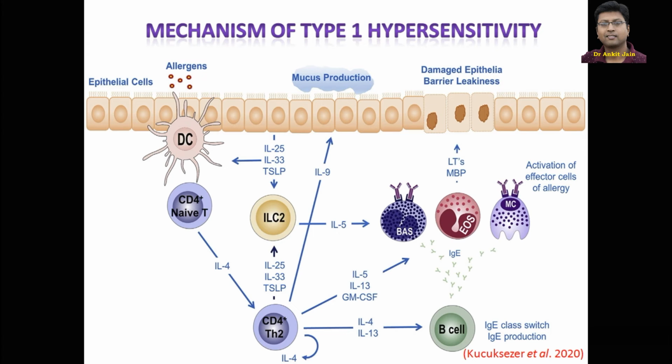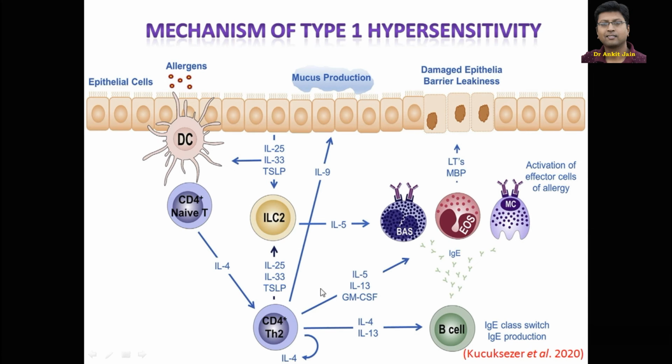Now what is the mechanism of type 1 hypersensitivity? When the actual allergen is introduced in the mucous membrane, it will activate the dendritic cell, the T helper cell, CD4 and CD8 cell response, and innate lymphoid cells too will be activated.